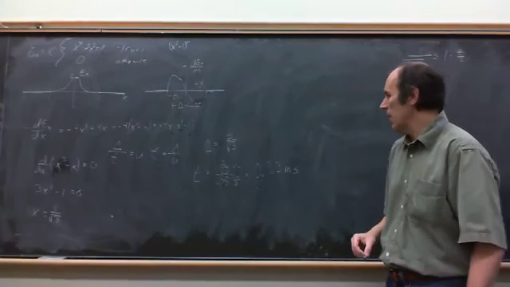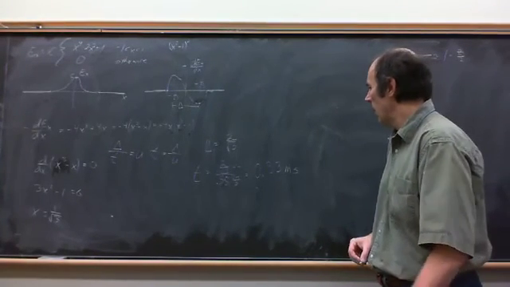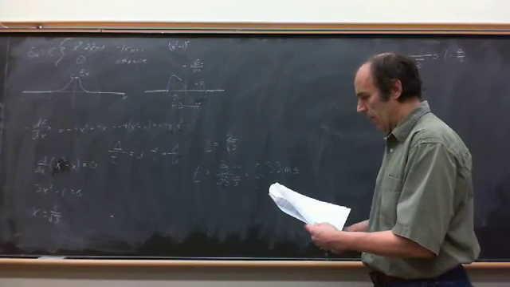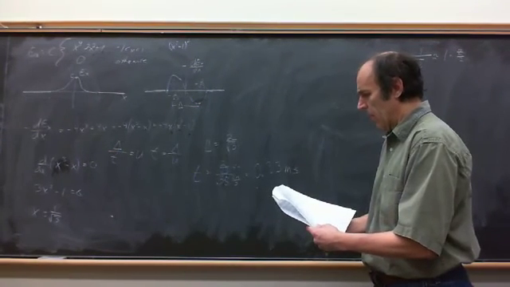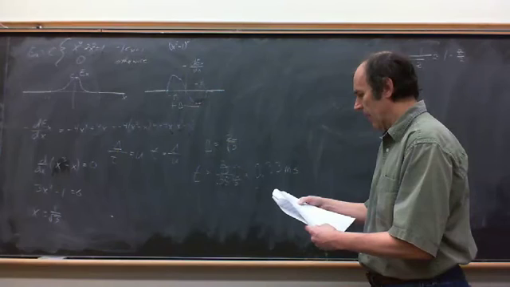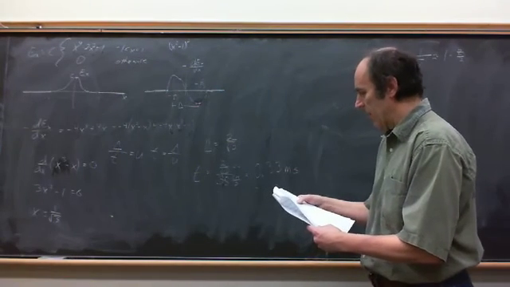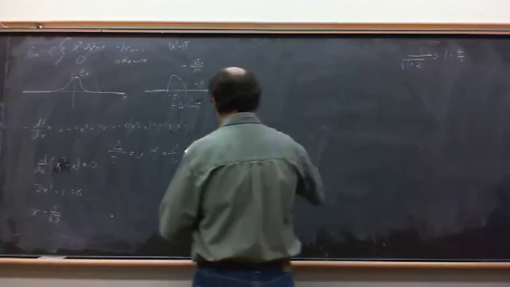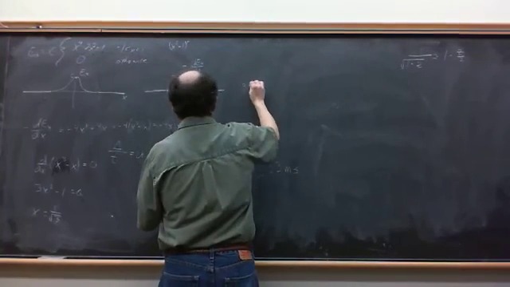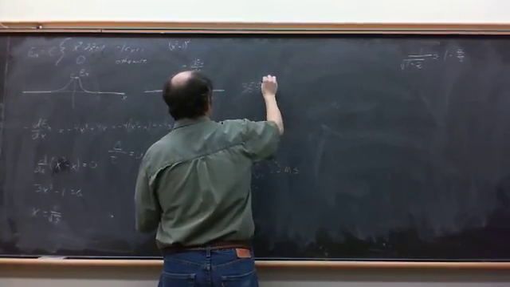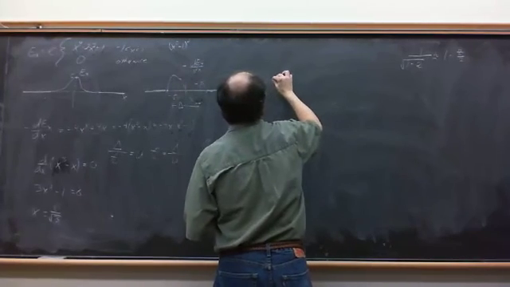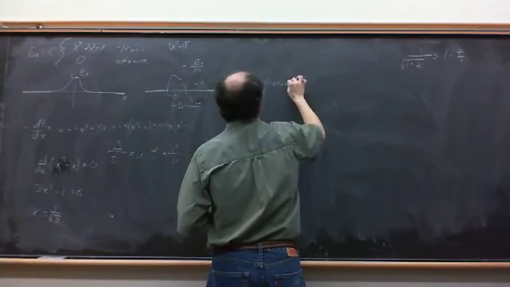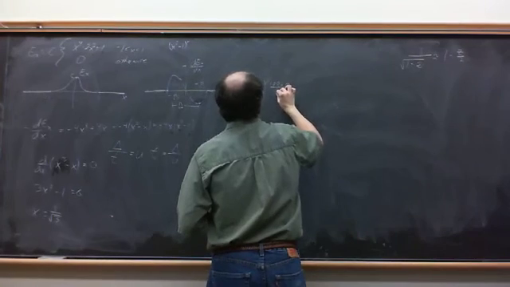Something seems odd here. Let me just make sure I'm doing this right. The speed is 35 meters per second. The way I did it in my example is 3.5 centimeters per millisecond. Let me just do it this way: meters per second times 100 centimeters per meter.